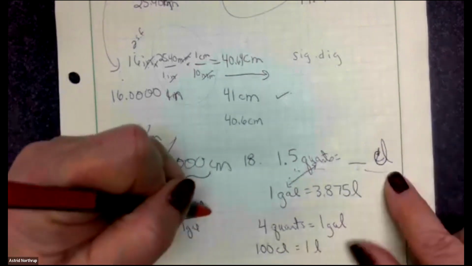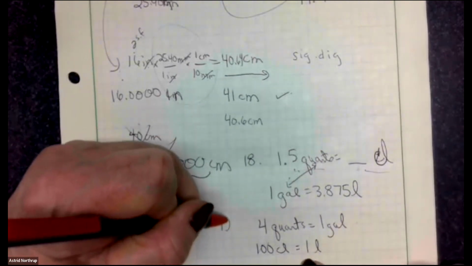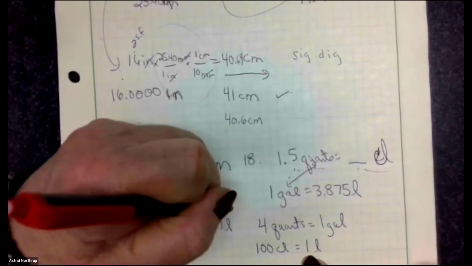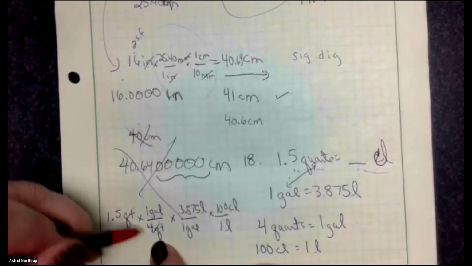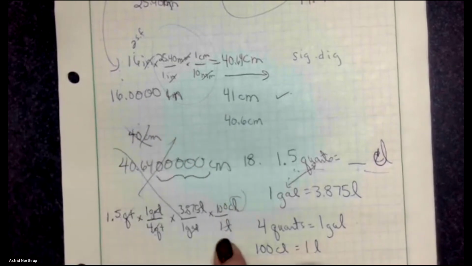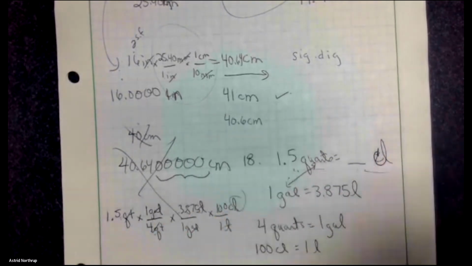And now we have liters to centiliters. So liters is in the numerator. We want it in the denominator, so we'll cancel 100 centiliters. So quarts cancel, gallons cancel, liters cancel, and we'll be left with centiliters. Okay, so what is our numeric value?